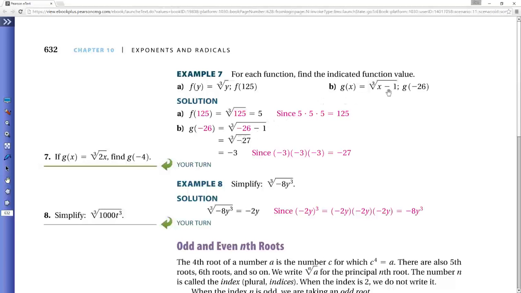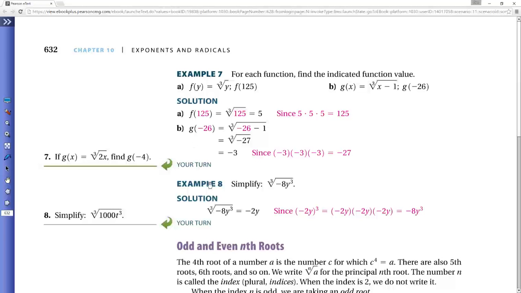Where this function here, g of x, equals the cube root of x minus 1. They want us to find what happens when x is -26. So g of -26 equals the cube root of -26 minus 1. So we get the cube root of -27, which is -3 cubed. So the cube root is -3.